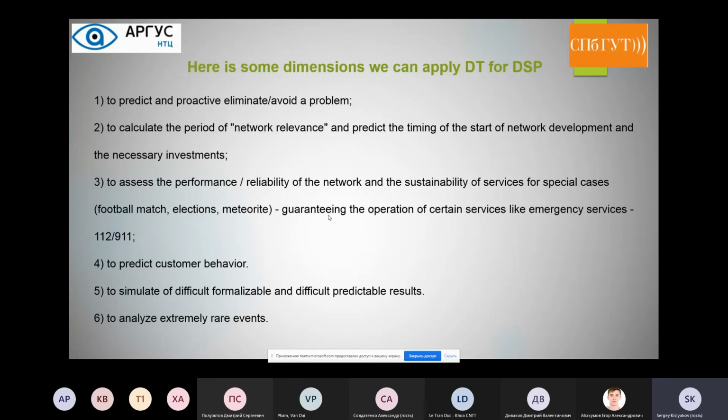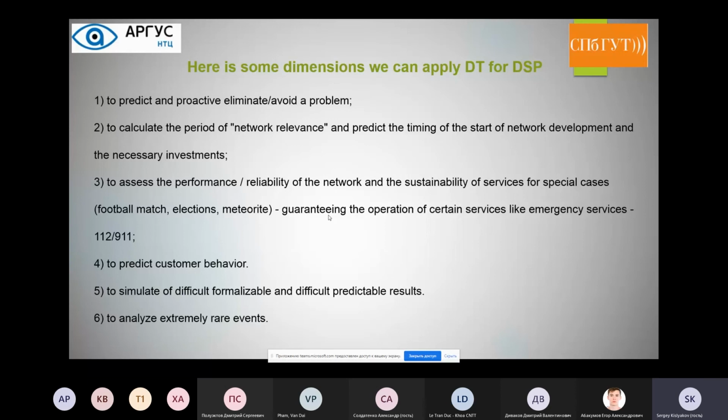So on this slide we have some dimensions of applications for a digital twin of a digital service provider.